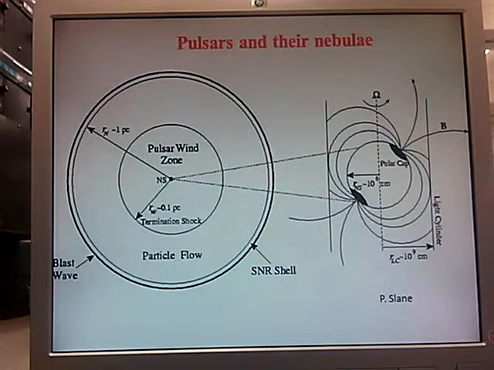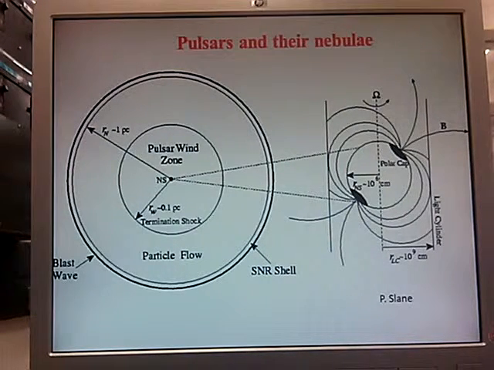Here is just another schematic representation of that, showing you that all that stuff about the light cylinder for the neutron star and the field lines and all of that are just really teeny tiny bits of the overall general state of a pulsar, because we've got this wind which extends much farther out, and outside of that we have the supernova shock.